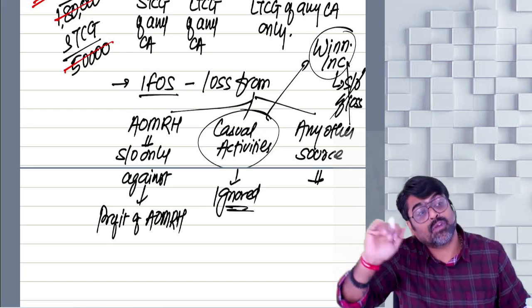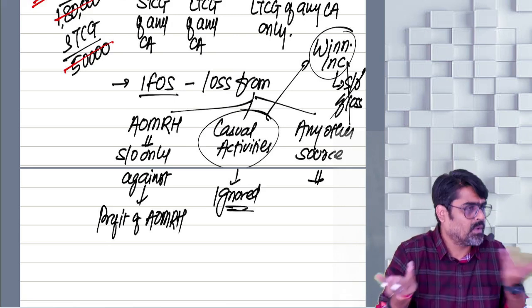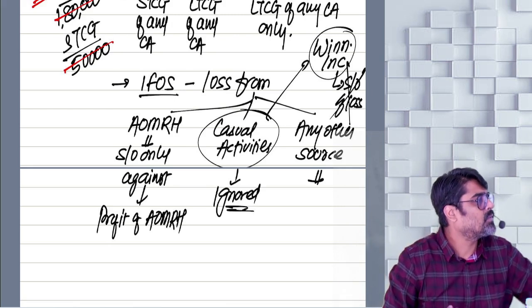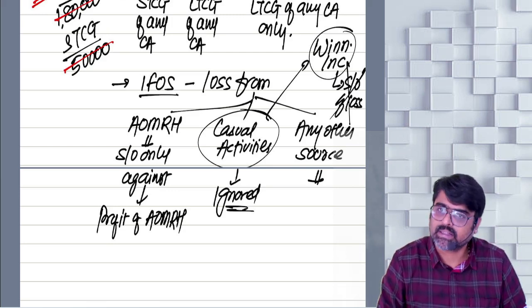But any other source of income is having a loss. That loss can be set off against any income, including the income of activity of owning and maintaining resource. There is no restriction. Understanding or not?